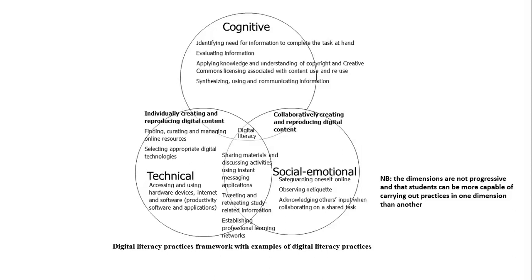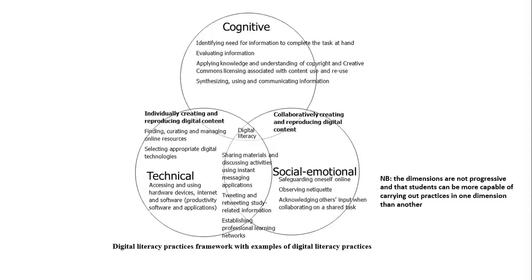The technical skill we'll place in the technical dimension, and then we've got the cognitive dimension, which looks at information literacy, students' evaluation of information, and even just identifying, when they're given a task, what information is needed for me to be able to complete this task. That's a cognitive skill on its own.